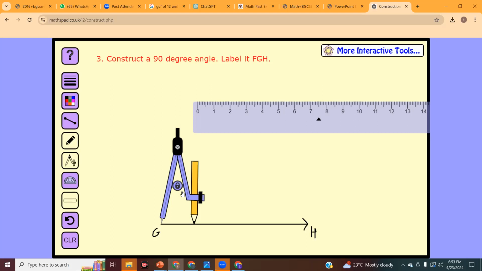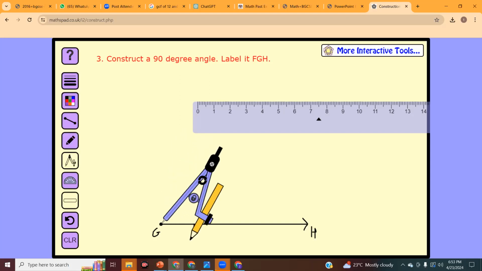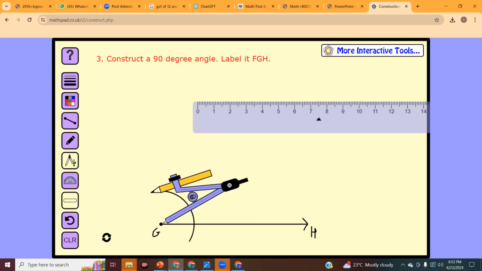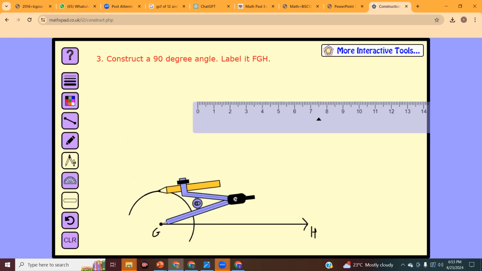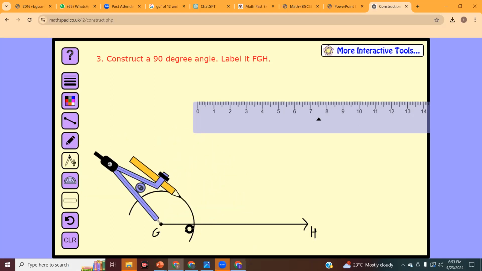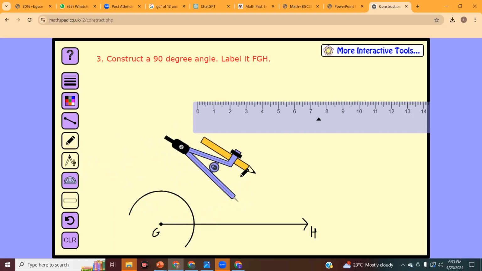It has to be small in comparison to the other one. Draw an arc like so and cut the ray. Let me lock this and keep the width of the compass the same. So we draw an arc like this.